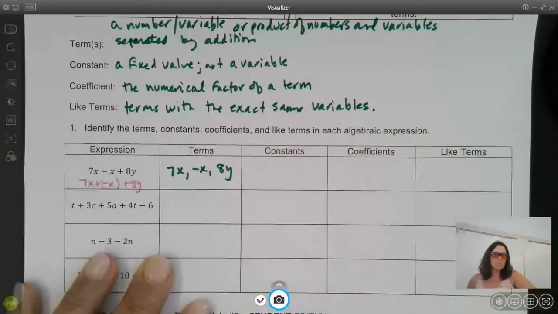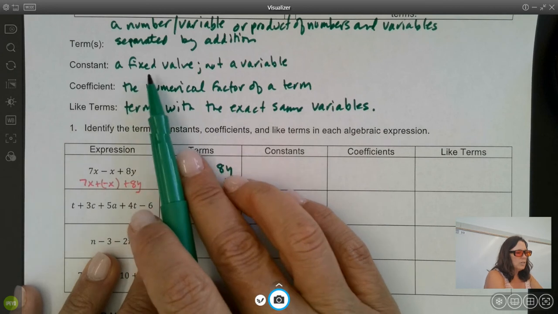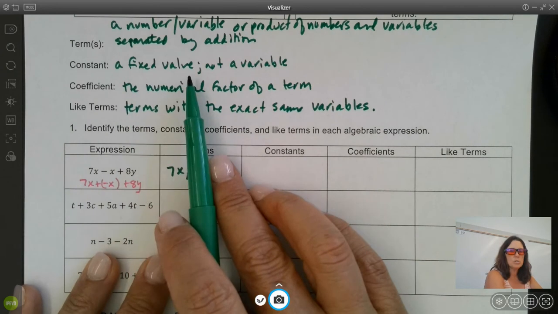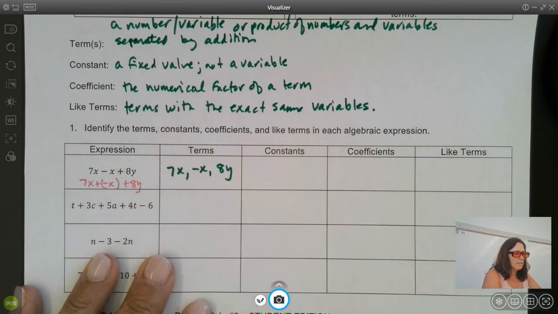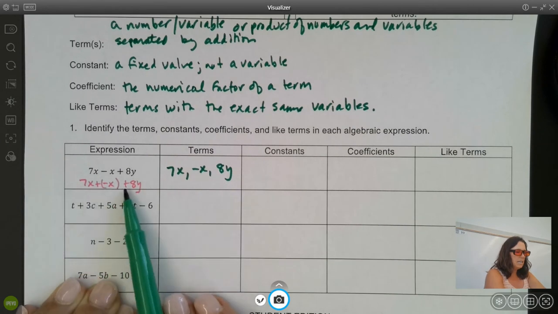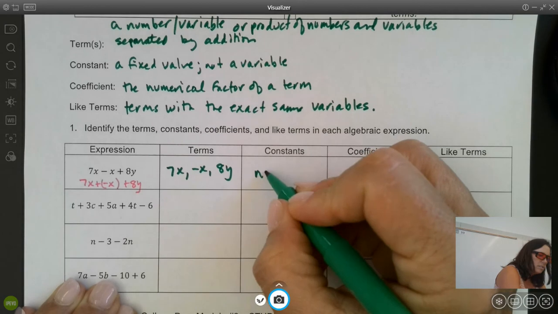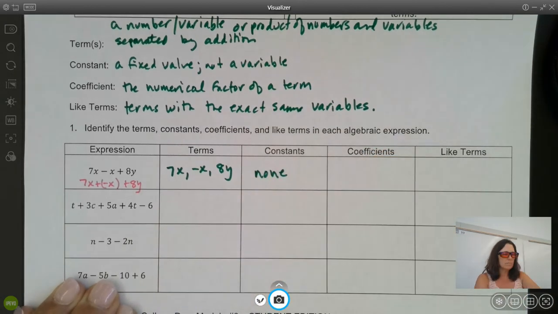Notice that they are separated by commas. Okay, do not lose the negative on the x. Okay, the constants. Remember the constants by the definition right up here. You're looking for just the numbers. If you see a variable, avoid it. Okay, so I don't see anything in this that's just a number. They all have letters. So my constants, there are none.